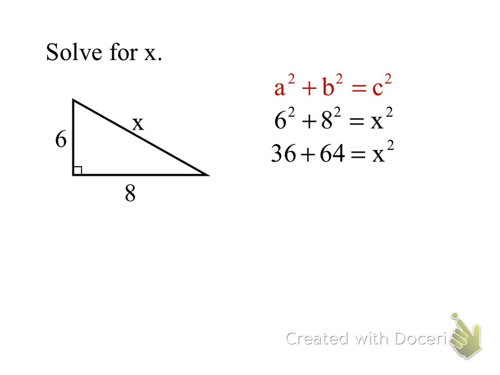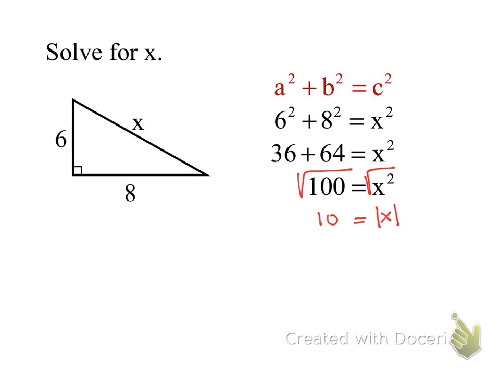And then I simplify them. 36 plus 64 equals X squared. I then add them together, and we get 100. And now to get X, to get rid of the X squared, we have to root both sides. Don't be rude, just root it. And remember, we get the absolute value of X is equal to 10.